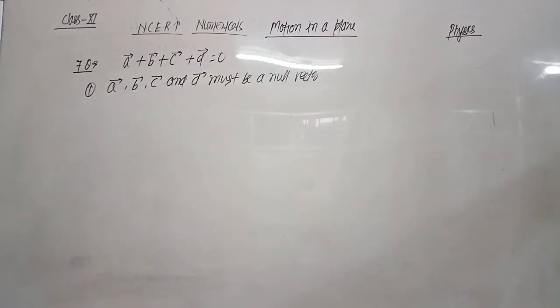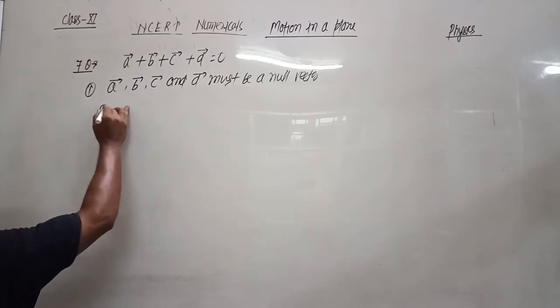So we have to say whether this statement is correct or not. This statement is false because the value of A plus B plus C plus D can be 0 in many ways.